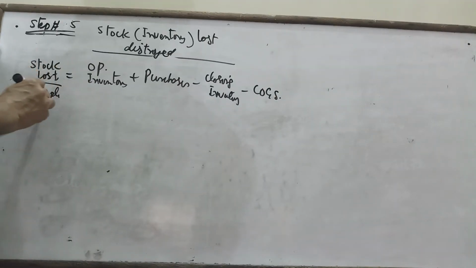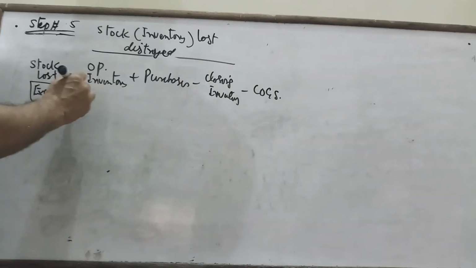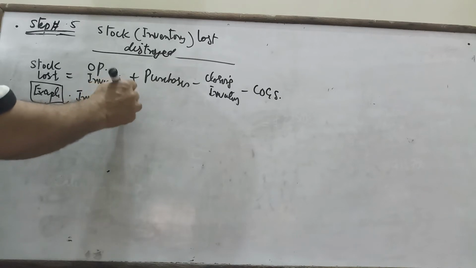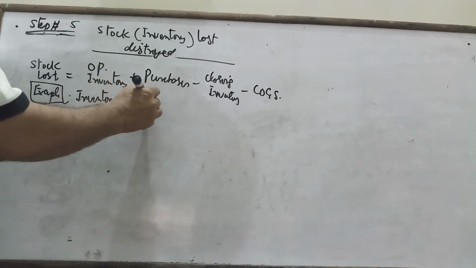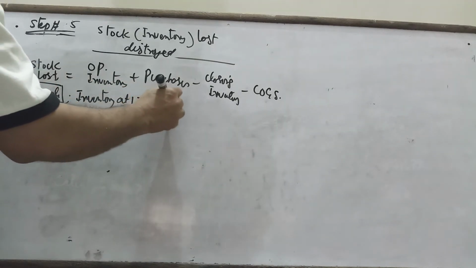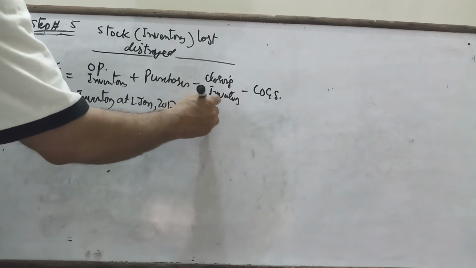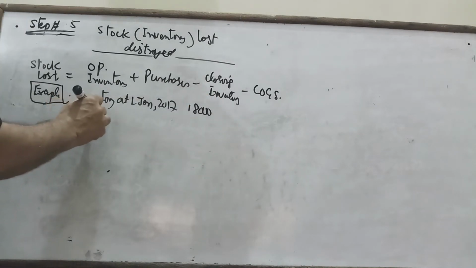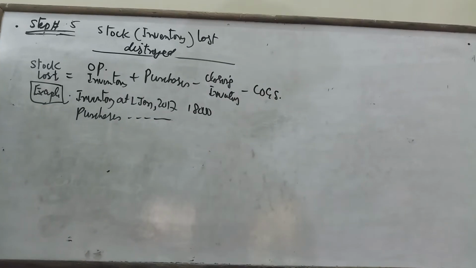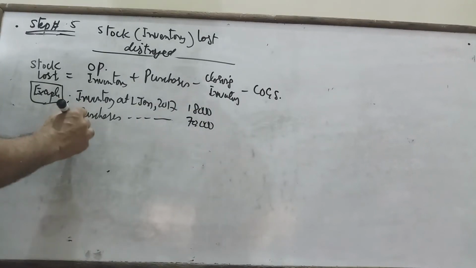For example, I'm just making one question here. Inventory at 1st January 2017 is $18,000. Purchases during the year were $70,000.